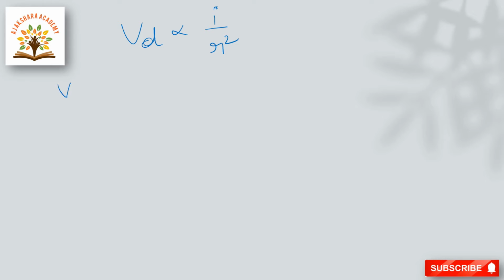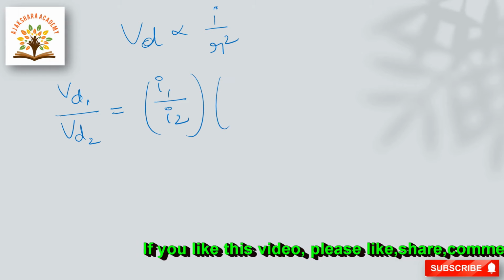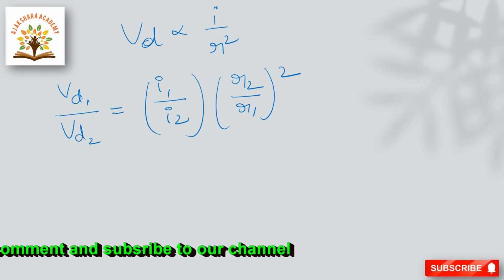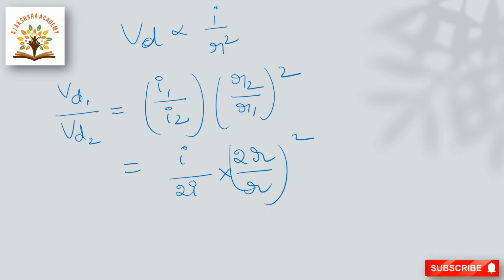So from this relation, VD1 by VD2 is equal to I1 by I2 into R2 by R1 whole square. Now substituting values, I by 2I into 2R by R whole square. I gets cancelled, R gets cancelled.